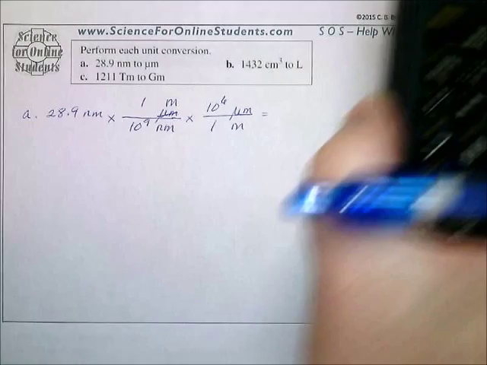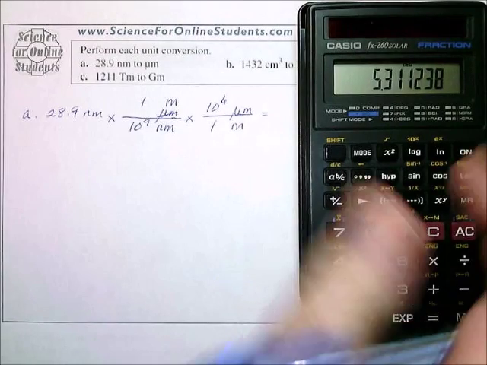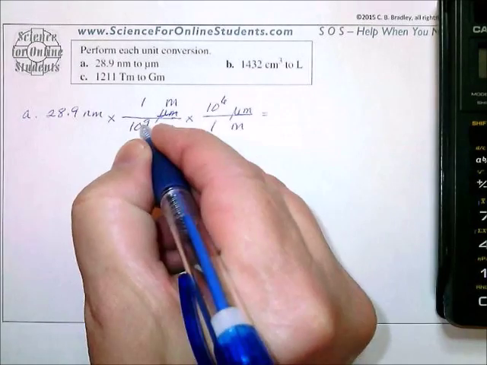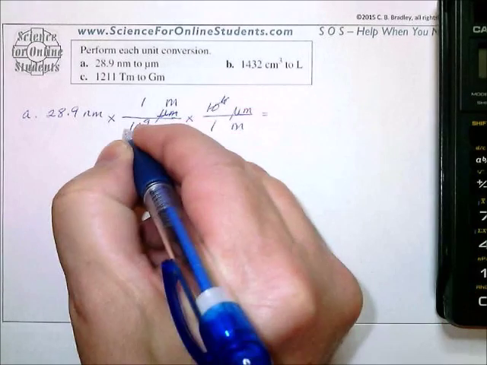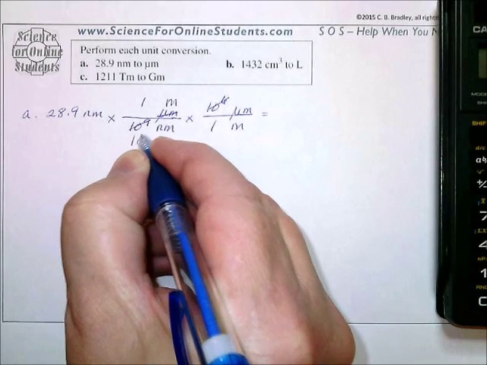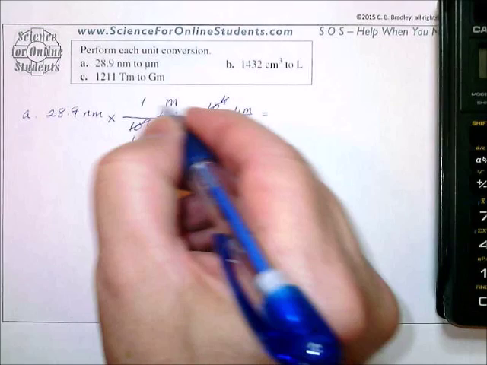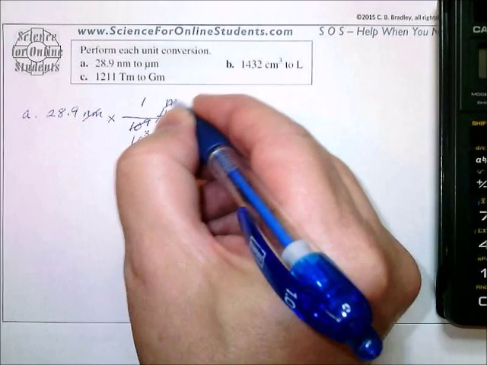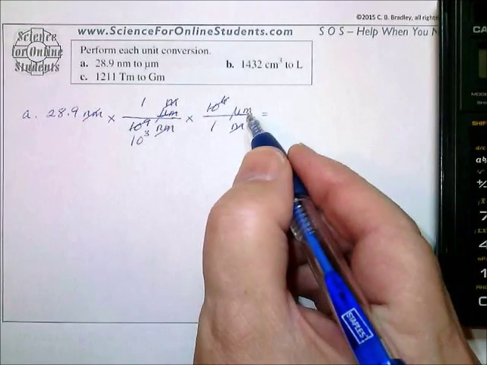Now, this exponent and this exponent will cancel to give us 10 to the 3. These ones will cancel. Units will cancel. Meters will cancel. Final units are going to be micrometers.